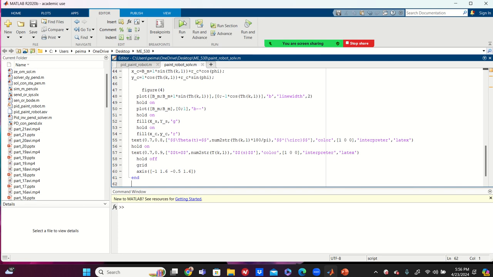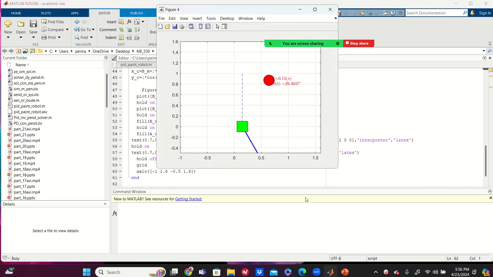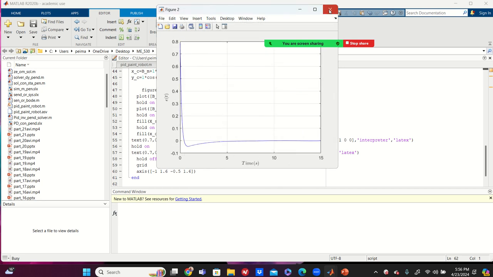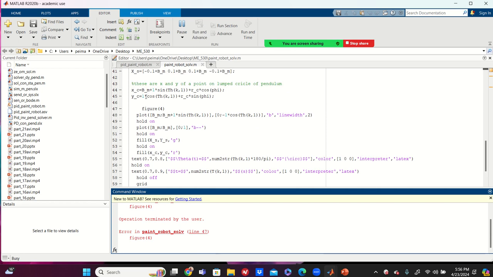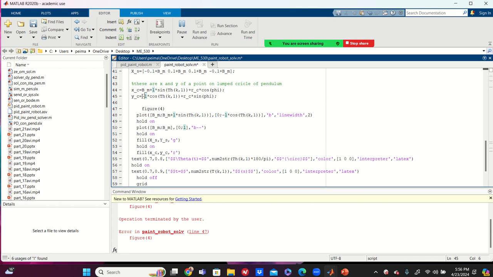Yes. Let me run to debug it. Oh, there's something wrong here. I have to fix the circle. Oh, obviously I know why. This is downward. X of C, Y of C is minus this plus, I think so.